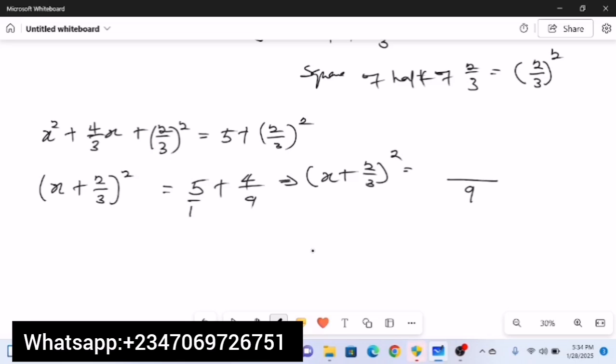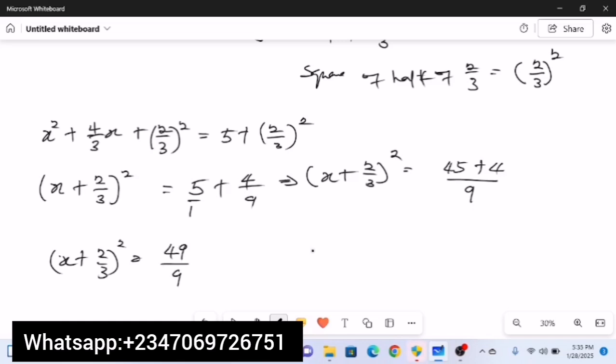So 9 divided by 1 is 9. 9 times 5 simply gives us 45. So we have 45 plus 9 divided by 9 is 1. 1 times 4 is 4. You have this. So (x + 2/3) squared is now going to be equal to 45 plus 4, that's 49 all over 9.